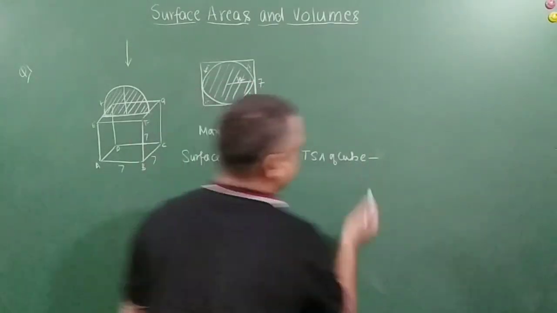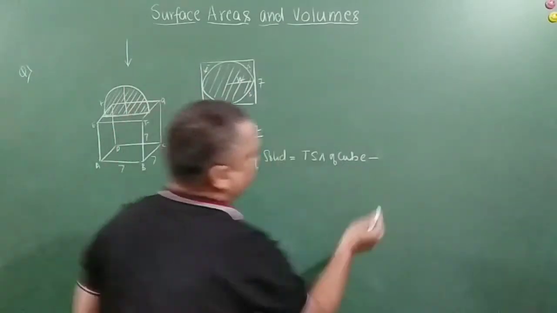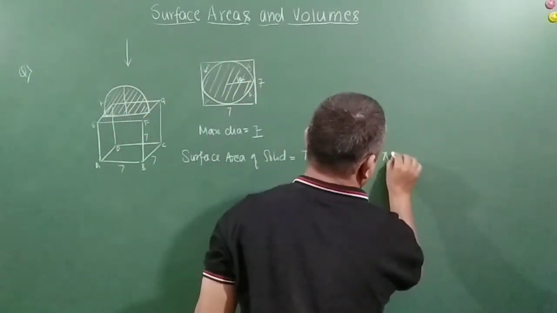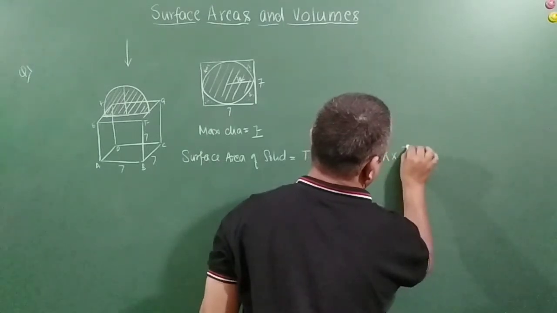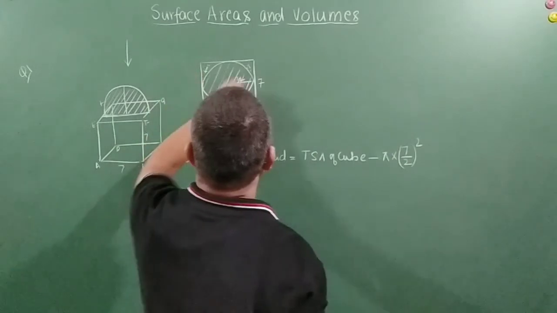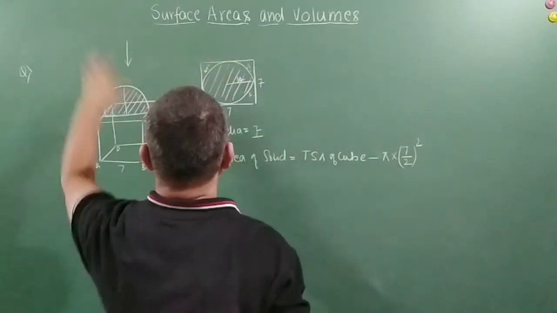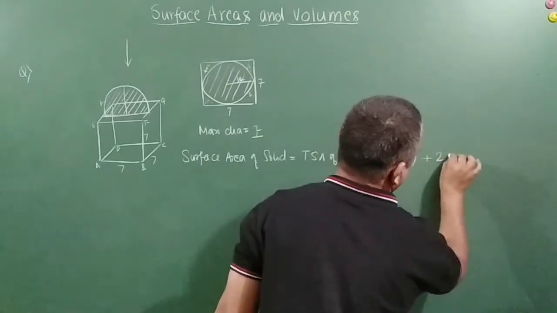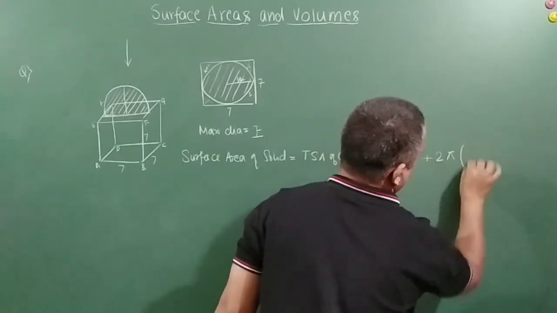Okay, so total surface area of cube, minus this circle, that is pi r square, that is equal to pi into 7 by 2 square. Okay, now this thing has come, and then on top of this we will add the hemisphere, that is 2 pi r square.